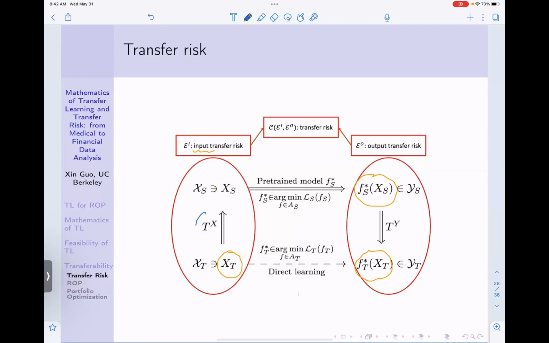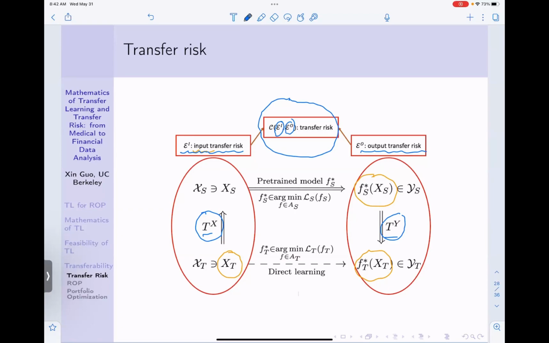The transfer learning is over the input mapping and output mapping, a very, very subtle, delicate balance between the TX choices and TY choices, each of which is associated with some risk. And therefore, your entire transfer risk or transferability has to depend on the input transfer risk and the output transfer risk. So this is a balance.